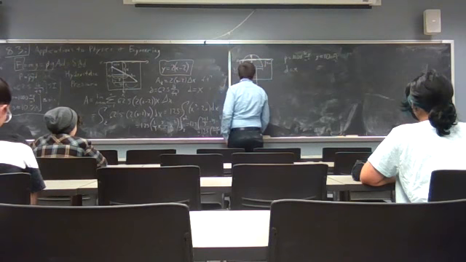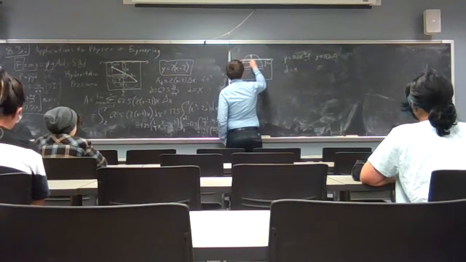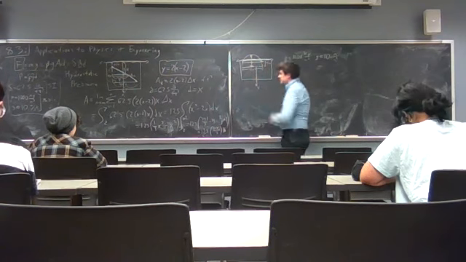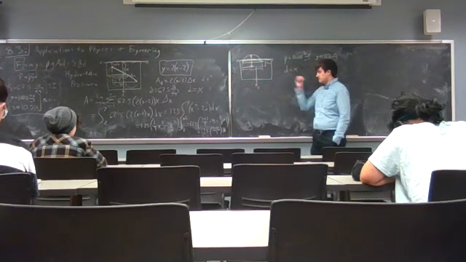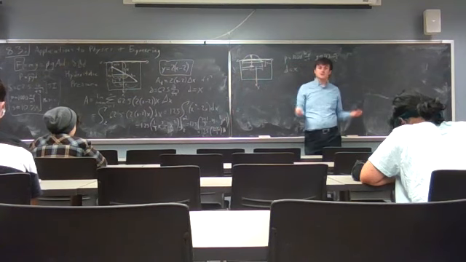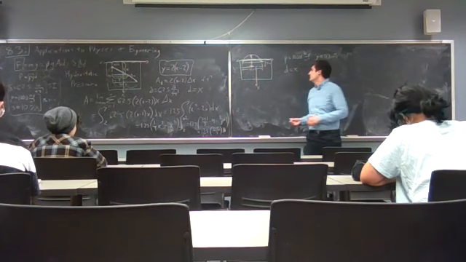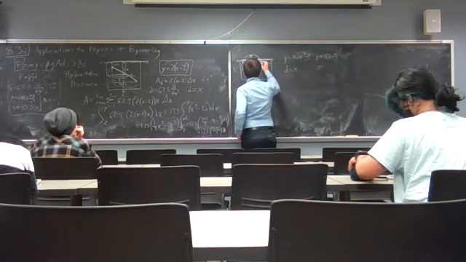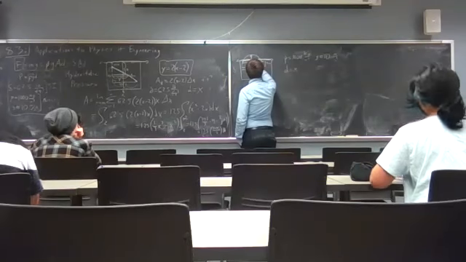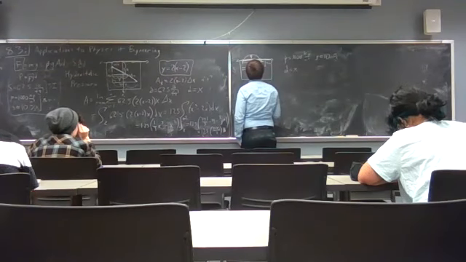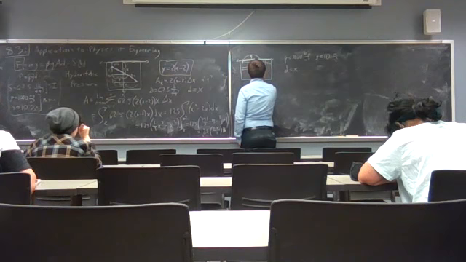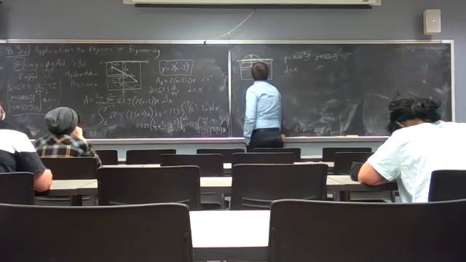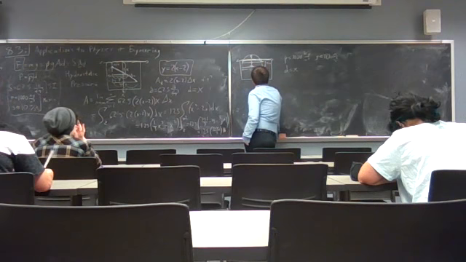I'm going to clear this out a little bit. Again, here's a rectangle, and the width is delta x. So I want to figure out what the length is going to be. One thing I know for sure is that if I want to know how long this length is going to be, let's see.